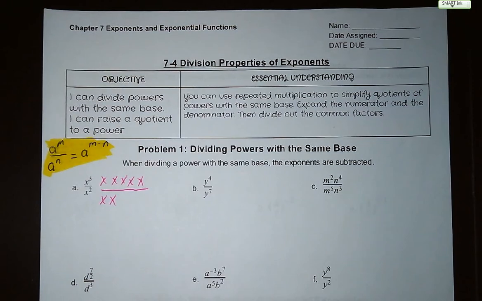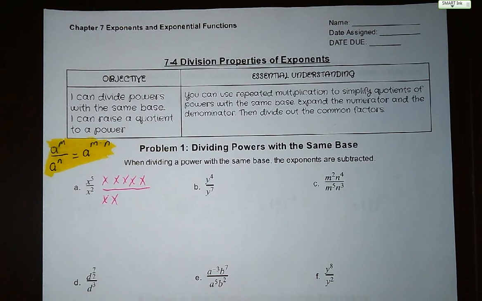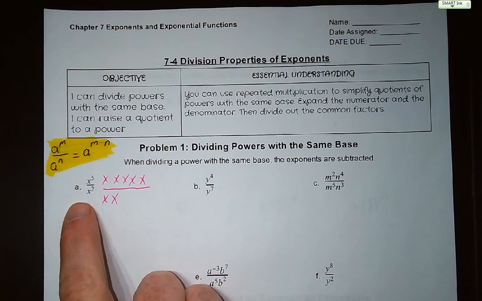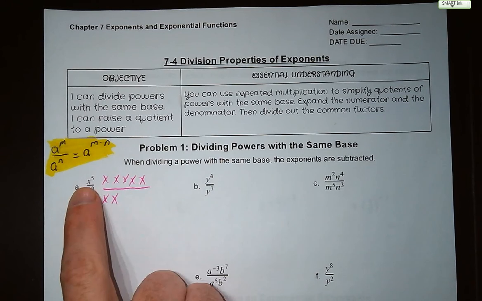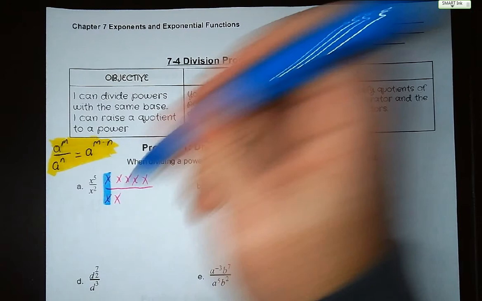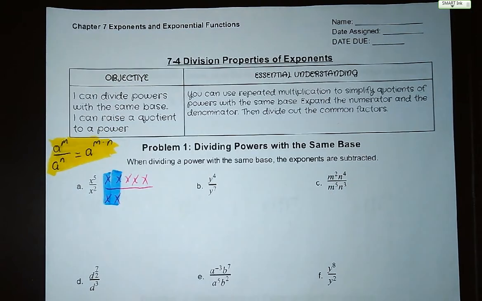I have for letter A here written it out in expanded form. So there are 5 x's in the numerator and 2 x's in the denominator, x to the 5th over x squared. And I want to look at canceling out common factors. Well, that's a common factor. That's a common factor. Do I have any more common factors in my numerator or denominator?